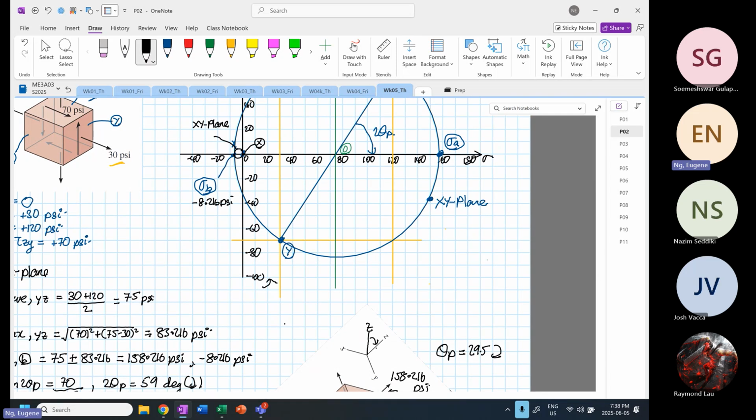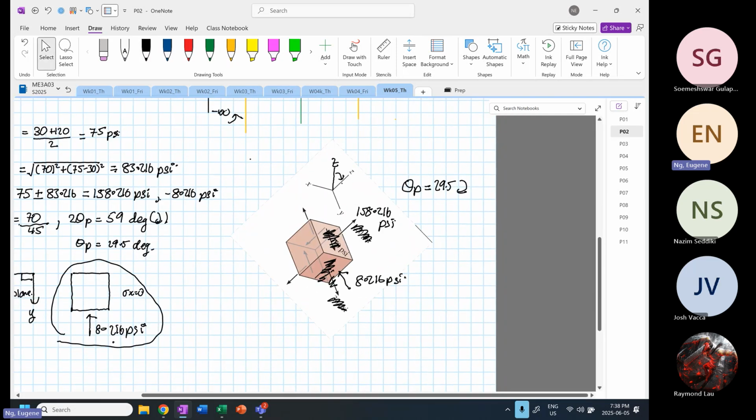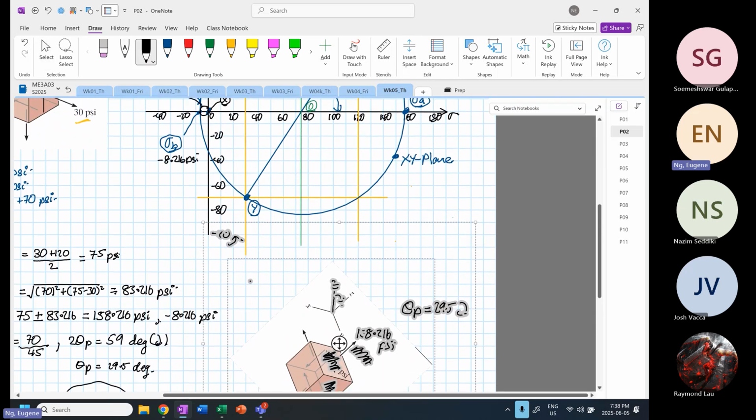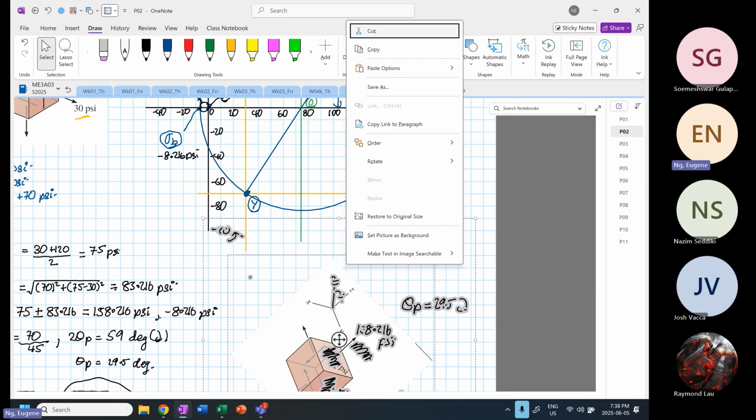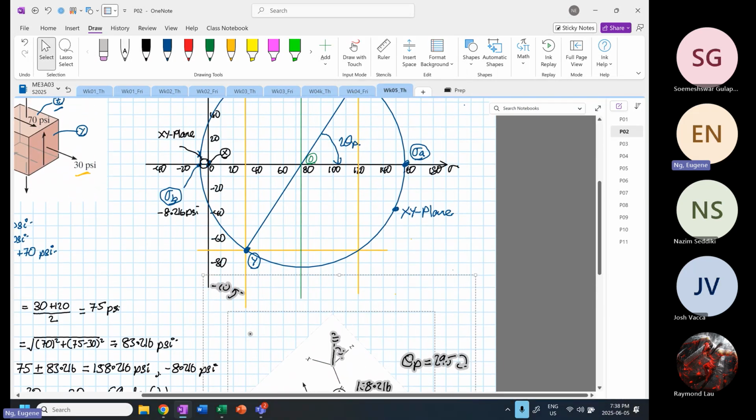Okay. So for the next circle that we're going to draw, we are going to focus on the YZ plane. No, not YZ. YZ we have drawn. Hold on. Did I write the right plane? No, this is not.